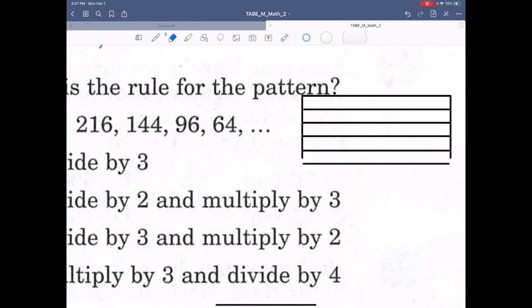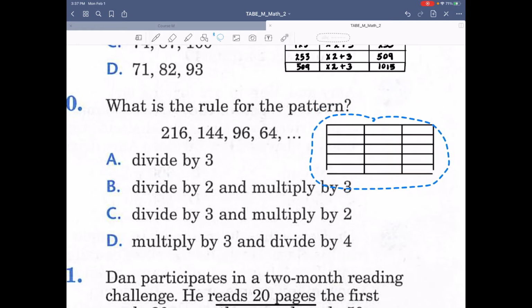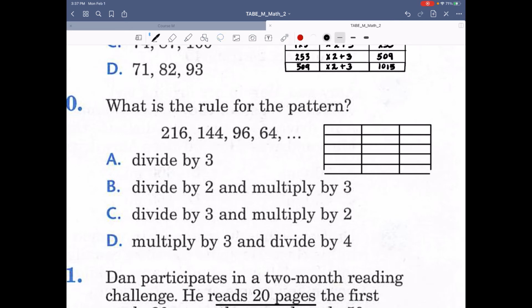And they give me some to choose from. These are the ones I like much better. So let's plug in what we know, and we'll see which one of these rules will fit. So make your table, get your input and outputs going, and then we'll figure out which one of those rules will actually work for what we want to do. So here's input.